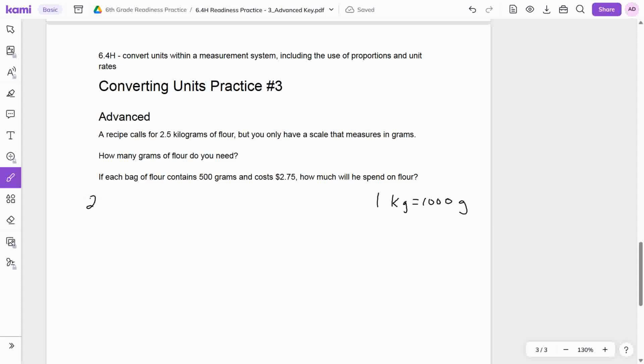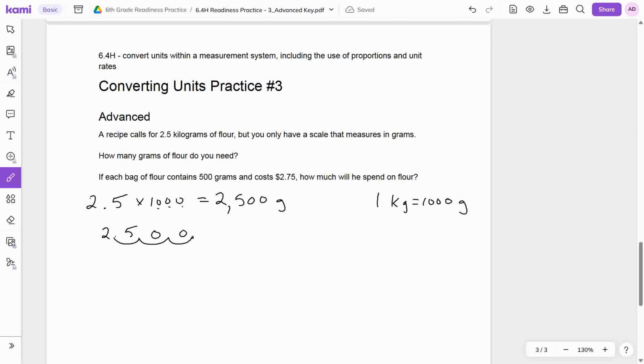Now I could multiply by 1,000, but we know when we multiply by 1,000, we move the decimal over once for each 0. 1, 2, 3. So think of it like 2.5 is going to be 1, 2, 3. I've got the decimal there, so I have to move it over once to make it 25. So that's going to equal 2,500 grams.